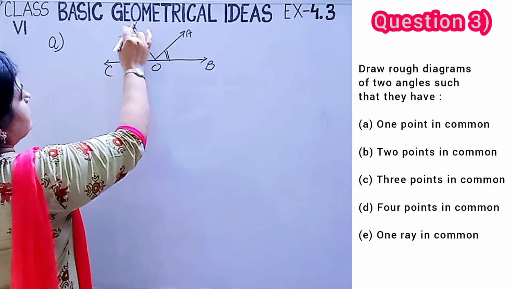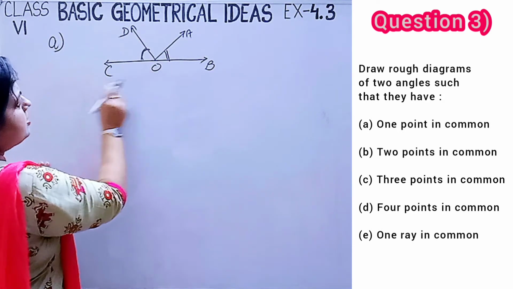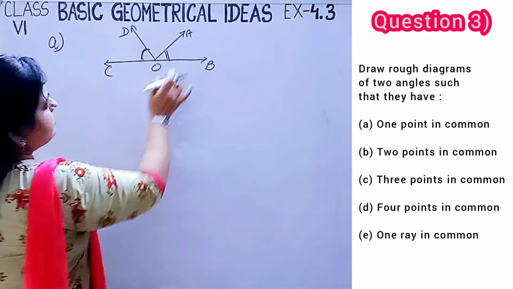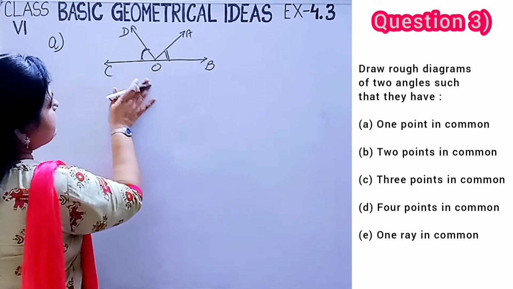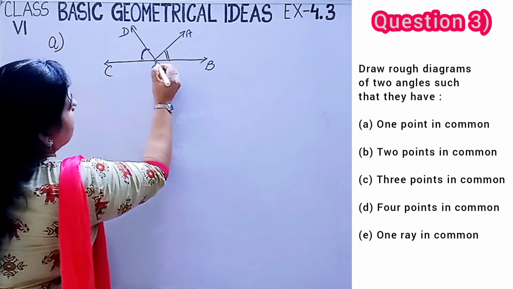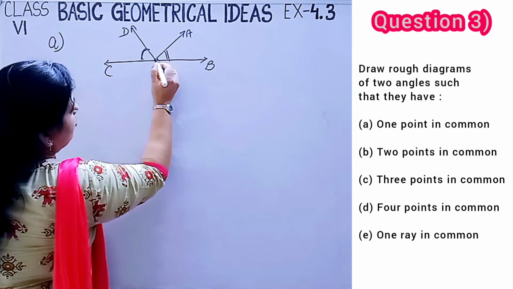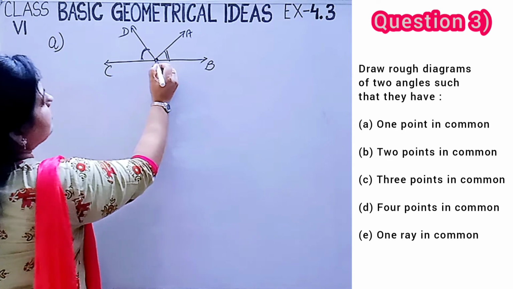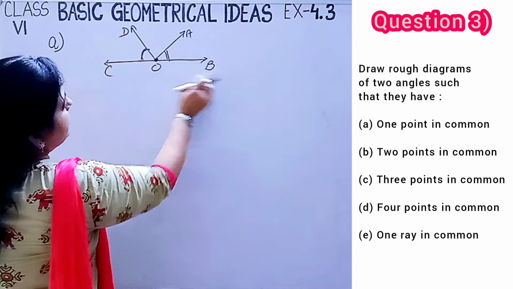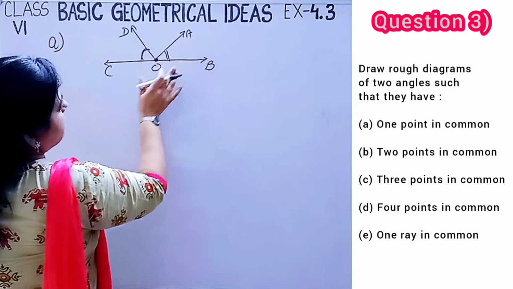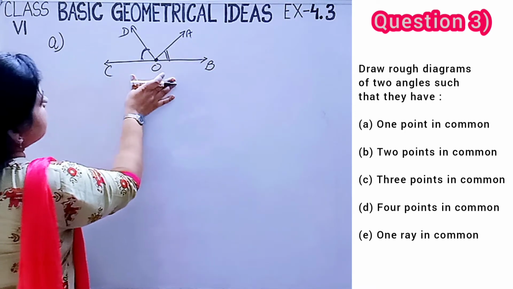First one is DOC or COD. Second one is AOB. Now here we can see that point O, this O is common in COD also and BOA also. So here is our answer.